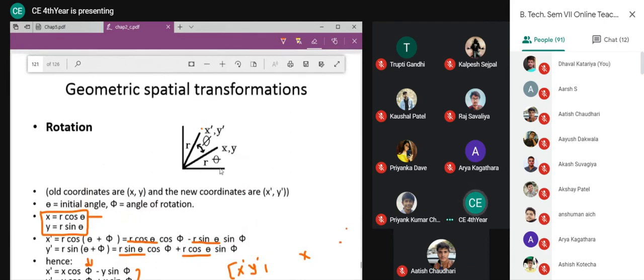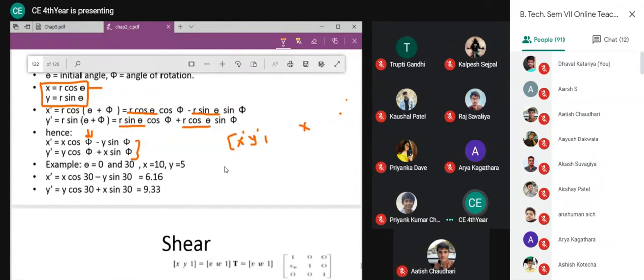Here x is equal to 10 and y is equal to 5, somewhere you will have some shape, and it is a horizontal line. So angle theta is equal to 0, that is, the angle with respect to the horizontal line is 0. And this coordinate starts from x equal to 10 and y equal to 5.